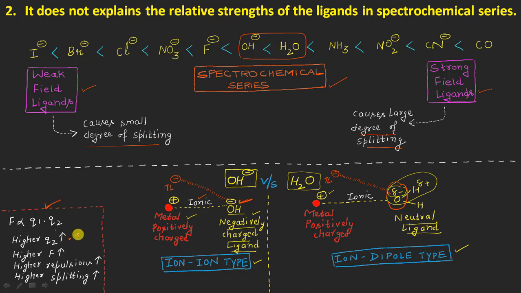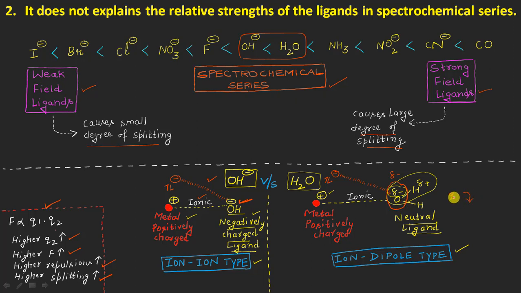As the charge is higher as compared to this partial negative charge, higher Q2 means higher forces here, higher repulsions, as well as the magnitude of splitting will also be higher as compared to this case, in which the charge is just a partial negative charge and it is not a formal charge. So definitely in case of water as a ligand, the magnitude of this charge is quite low here, right?